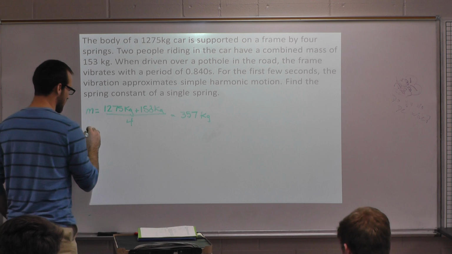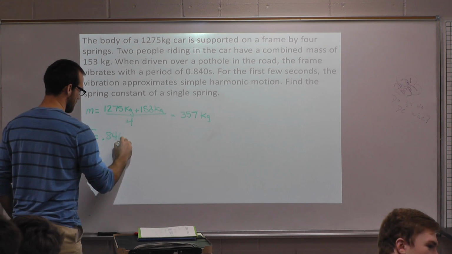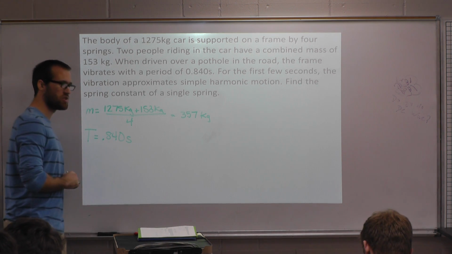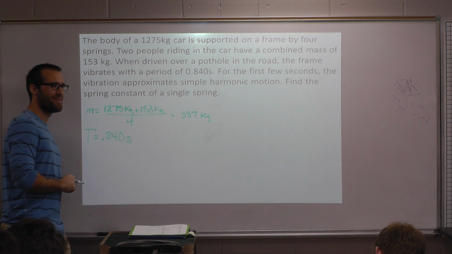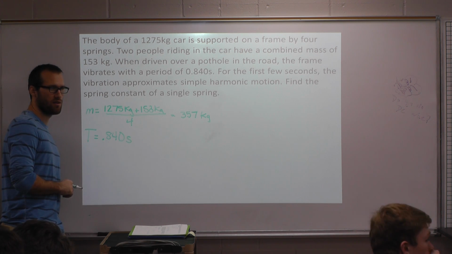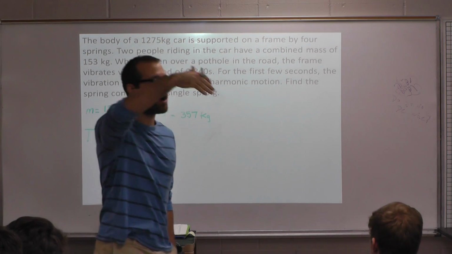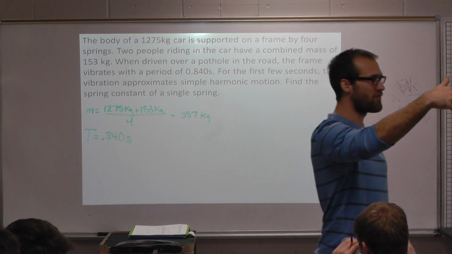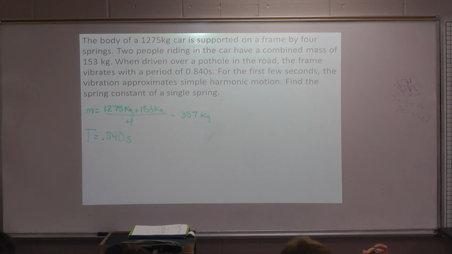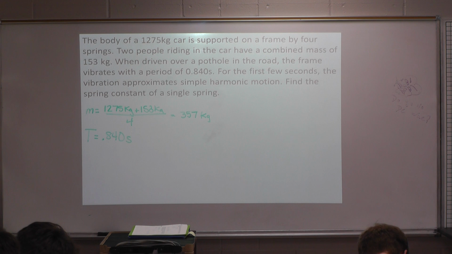We know what other variable? The period. If it wants to know one spring's constant, you would have to know the mass on one of the springs. So we'd have to assume that all the springs are exactly the same, and that all the mass is equally distributed. Otherwise, it would be an outrageously difficult problem.